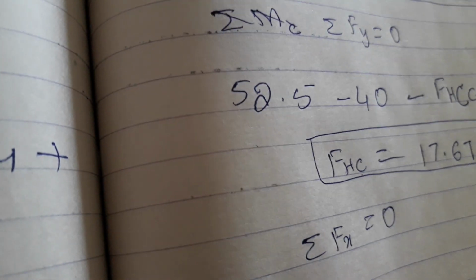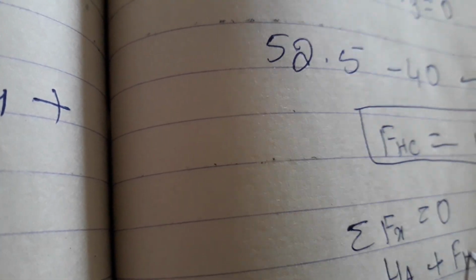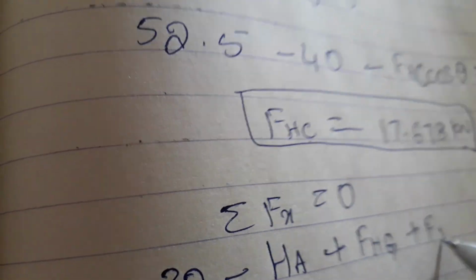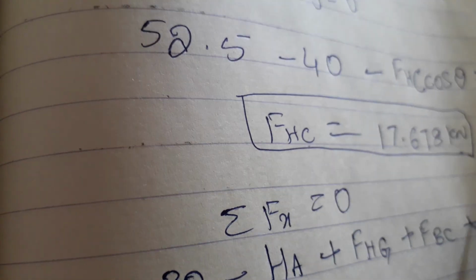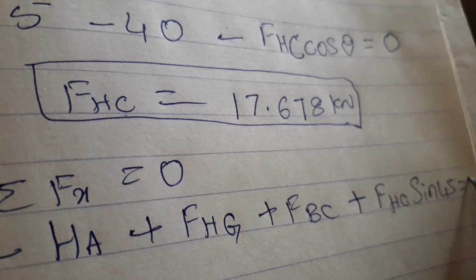So 30 minus HA, and then plus FHG plus FBC plus FHC sin 45 is equal to 0.